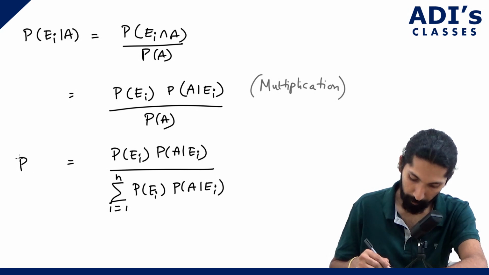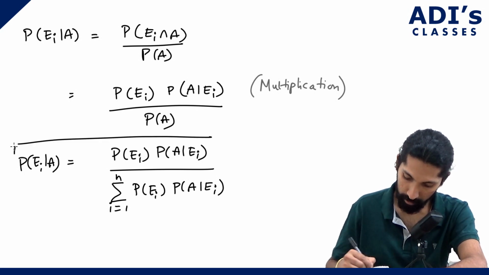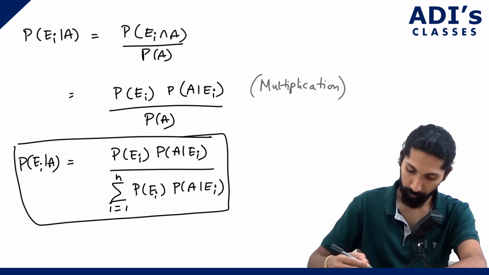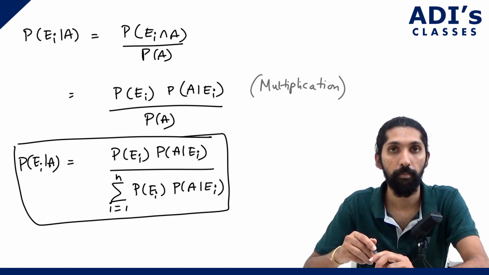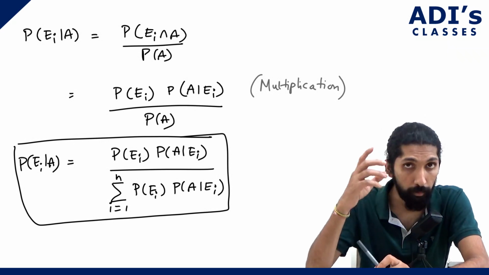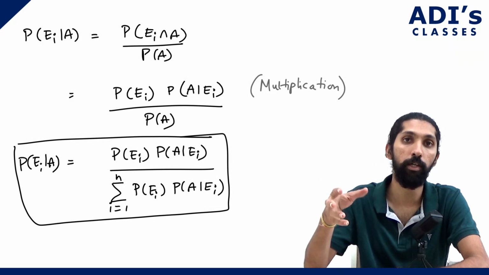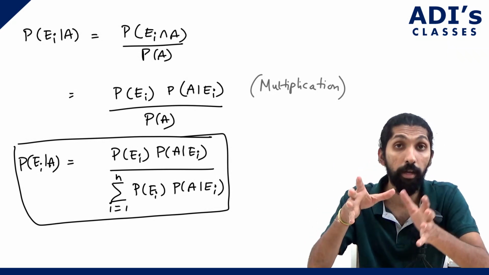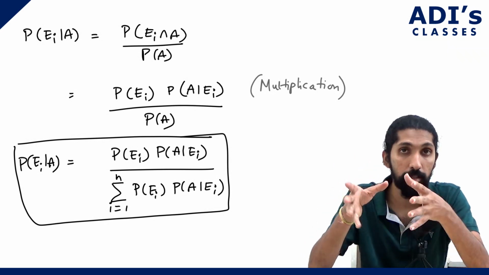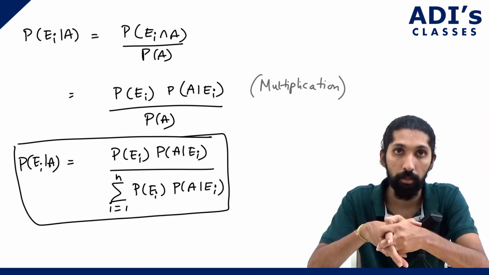So this is nothing but P of Ei given A. See, this is nothing but the proof of Bayes theorem. Understood? So how are we going to go about it? We'll see it in the next video. That is, we'll do a few example problems so that you understand that, yeah, this is Bayes theorem and this is what it is. Understood?